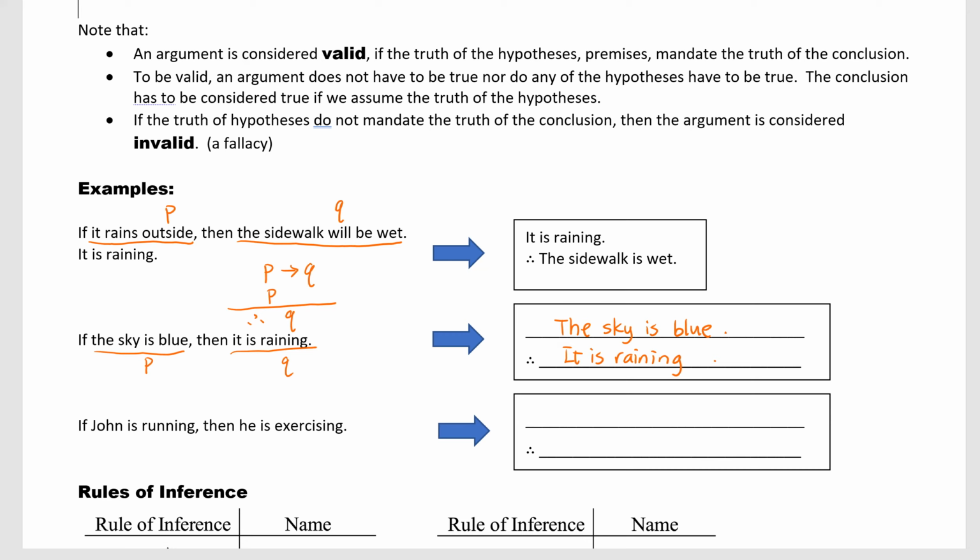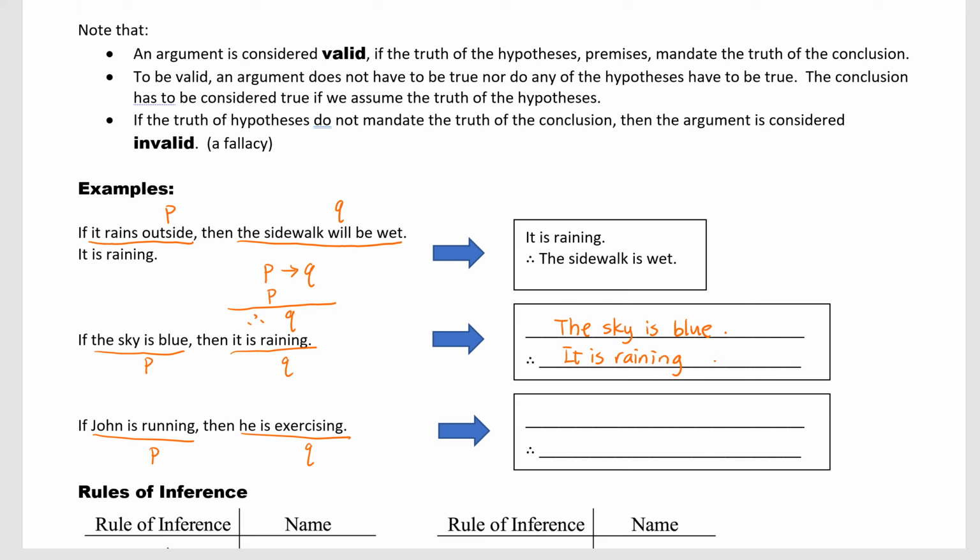Next, if John is running, then he is exercising. So P is John is running, and Q is he's exercising.